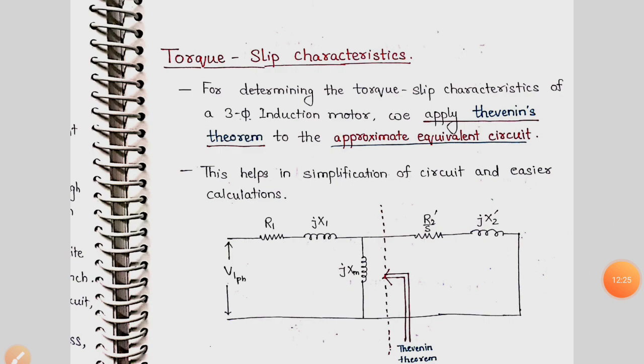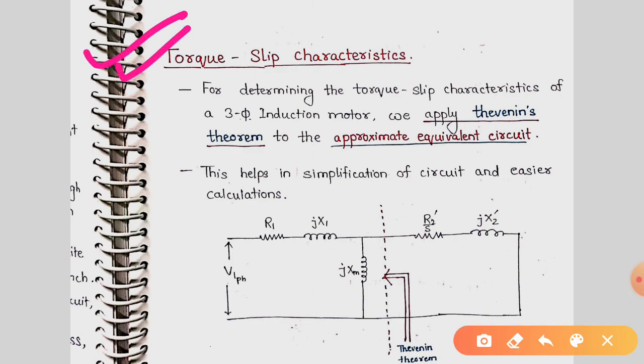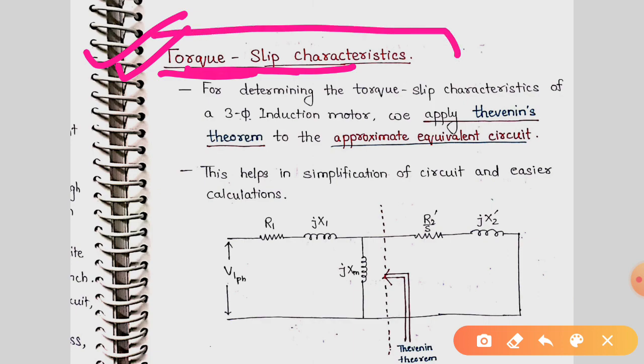Now let's see torque slip characteristics, or the relationship between the torque developed in the three-phase induction motor and its slip. For discussing this, first of all let's draw the approximate equivalent circuit and apply Thevenin's theorem to this.